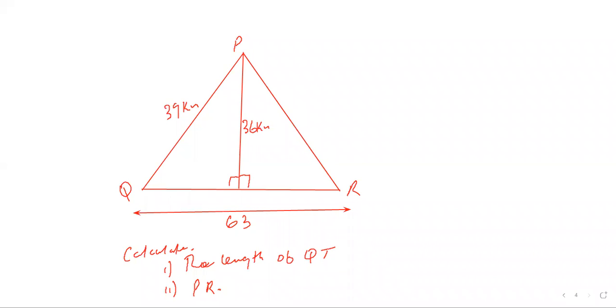Where's the T, sir? The T should be right at the bottom. Right here, sorry. This one should be T, right? Now, just remember that from Q to R is 63 kilometers, all right?